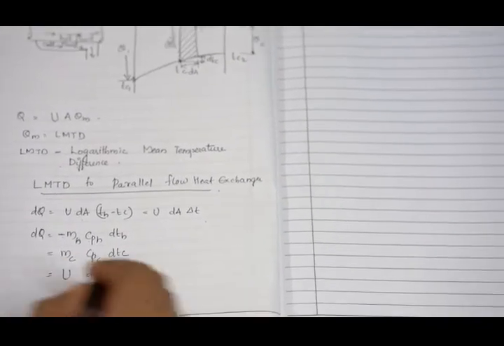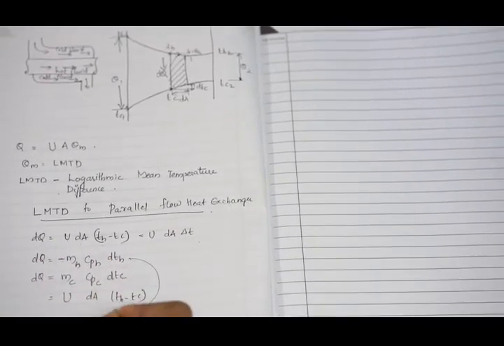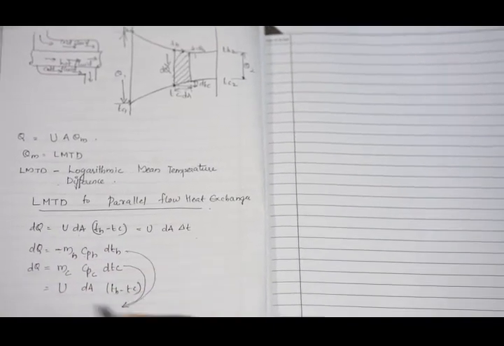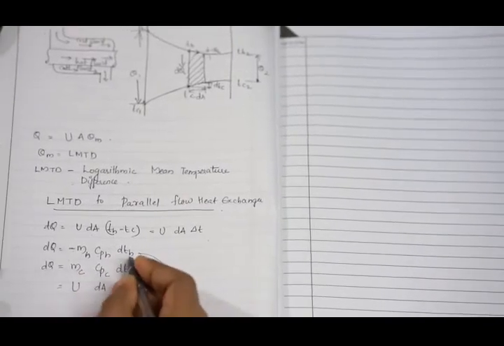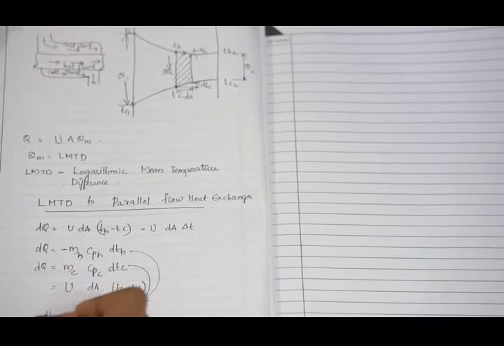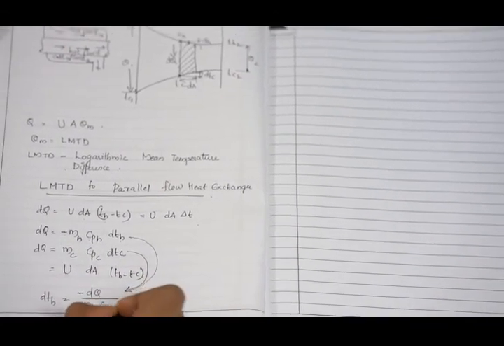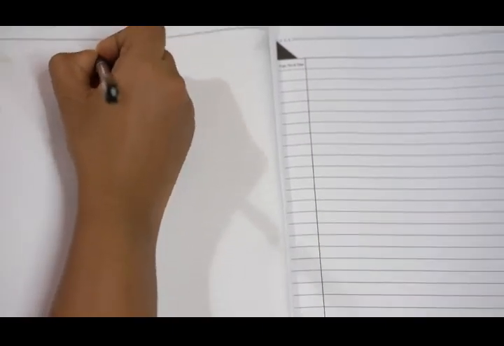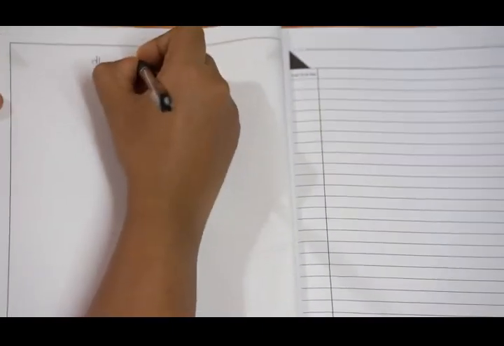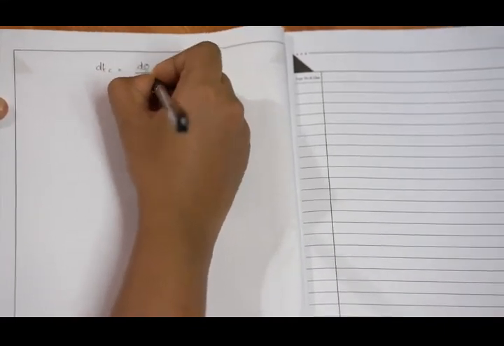From these equations we can write dTh is equal to minus dq divided by mH Cph, and dTc is equal to dq divided by mc Cpc.